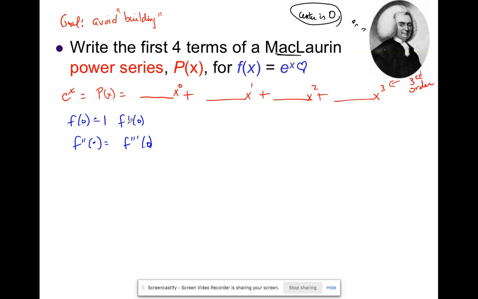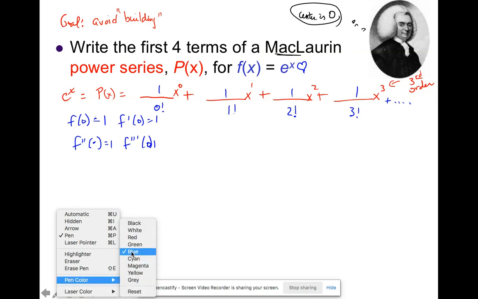F prime of e to the x is e to the x, right? So I just get a bunch of 1s here, don't I? So I'm going to put 1 on all of these lines, but don't forget the factorials. And then remember, this goes on forever and ever and ever.